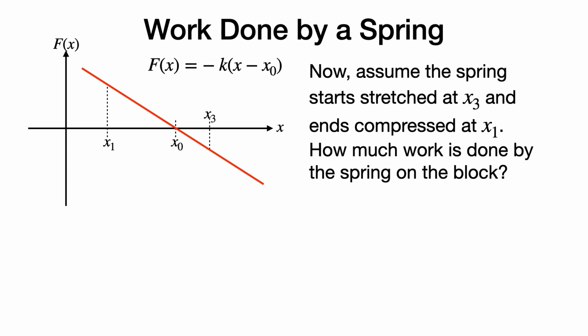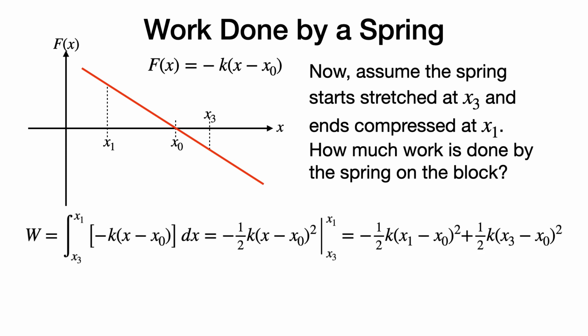Now assume the spring starts stretched at x3 and ends compressed at x1. How much work is done by the spring on the block? Again, we write out the work as the integral from the initial position, which is now x3, to the final position x1 of the force, minus k times x minus x naught, times the infinitesimal displacement dx. We carry out the integral and evaluate it, and we get minus 1/2 k times x1 minus x naught squared, plus 1/2 k times x3 minus x naught squared.